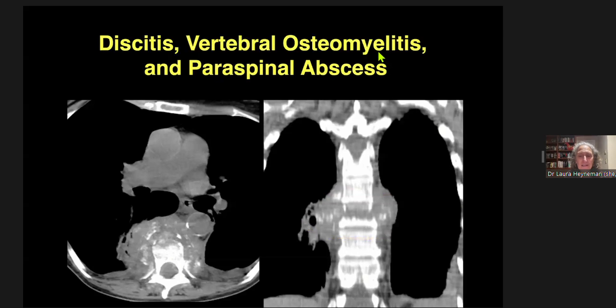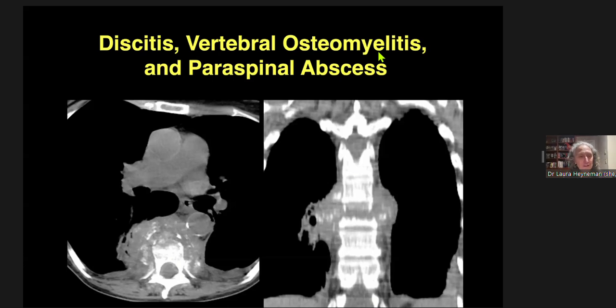So this is kind of a classic finding of vertebral osteomyelitis, and this is all paraspinal phlegmon and paraspinal abscess in someone who turned out to be bacteremic.